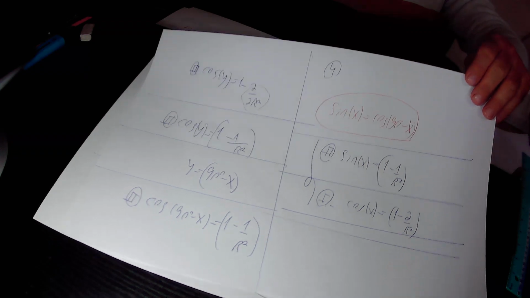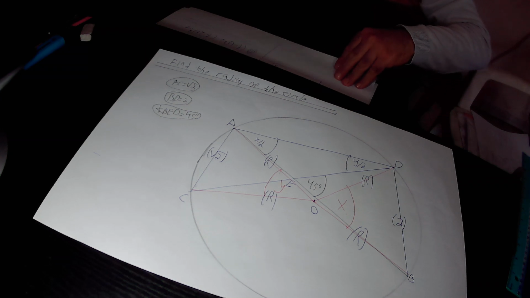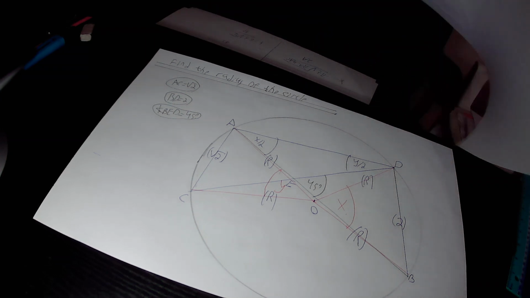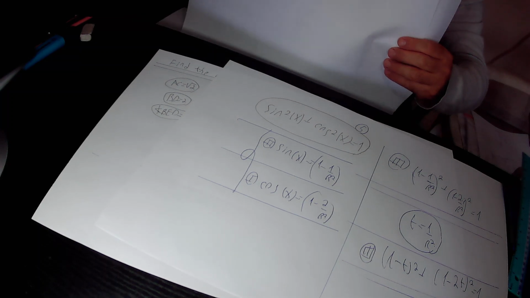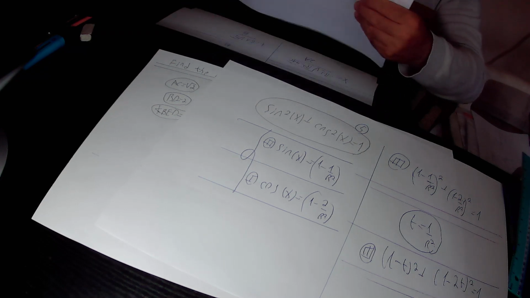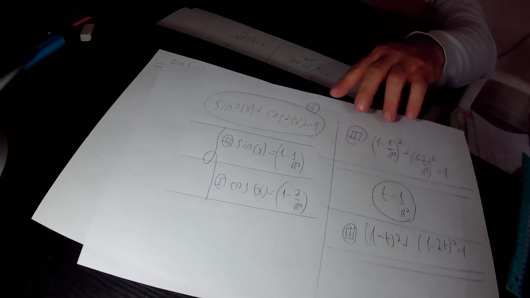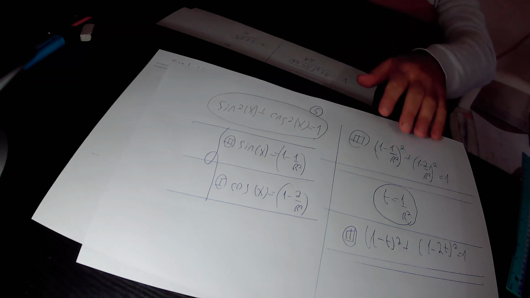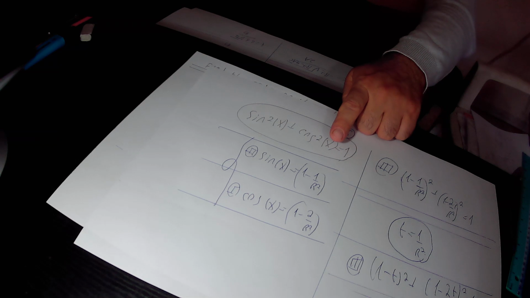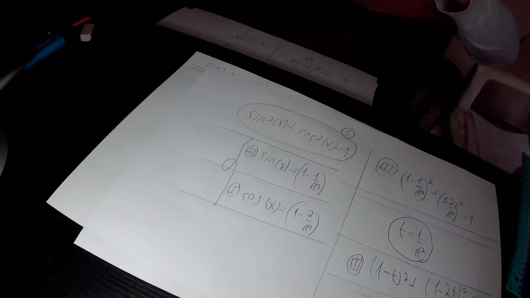Now we use the trigonometric identity that states that sine squared x plus cosine squared x equals 1. We found that sine x according to equation 2 equals 1 minus 1 over r squared, and cosine x according to equation 1 equals 1 minus 2 over r squared.